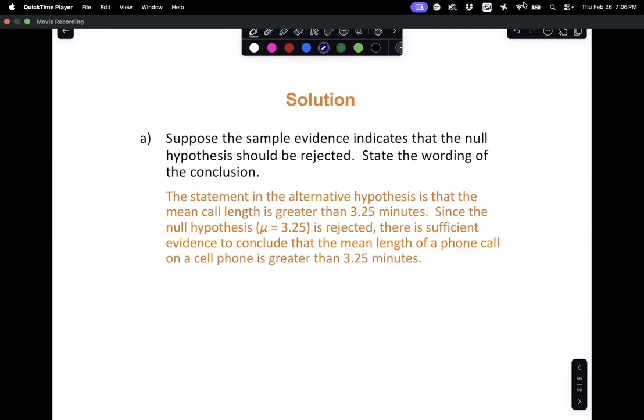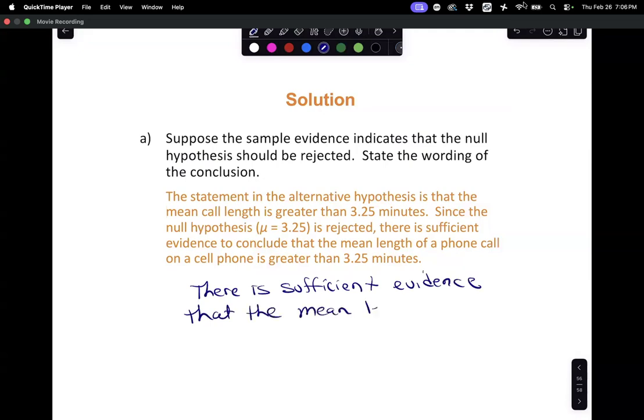Here's mine. I just say there is sufficient evidence that the mean length of a call is greater than 3.25 minutes.